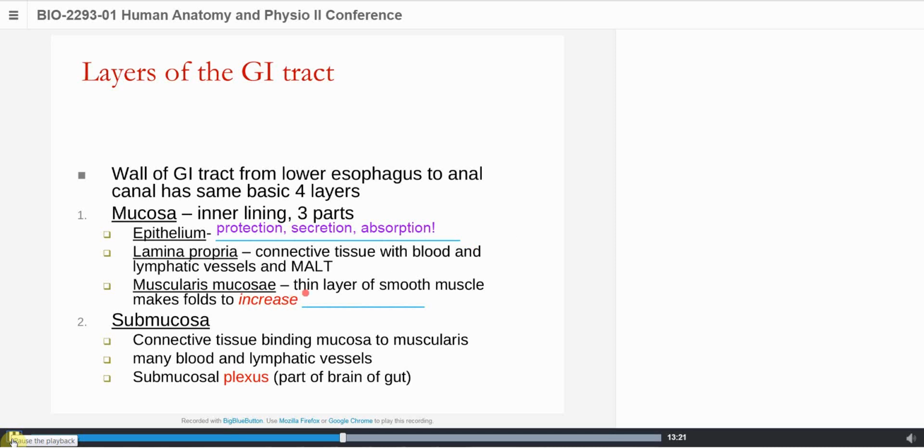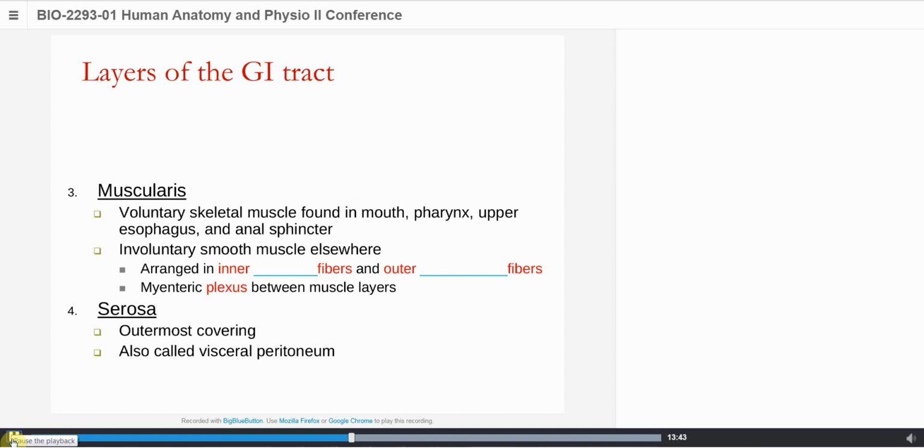The muscularis mucosae is that thin layer of smooth muscle that makes folds to most often increase surface area. And why do we want to do that and where? Increase absorption ability in the small intestine. Submucosa, everything is covered. And the muscularis, it's telling you that most of the places are smooth muscle.